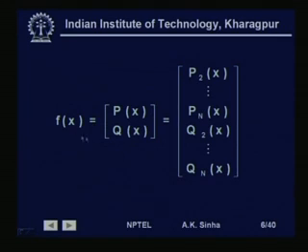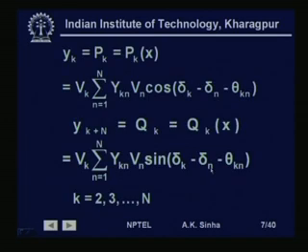This can be written as f(x) equal to P(x), Q(x), in terms of P2 as a function of x up to Pn, and Q2 as a function of x up to Qn. This we have already seen, so I am not going into the details of this.